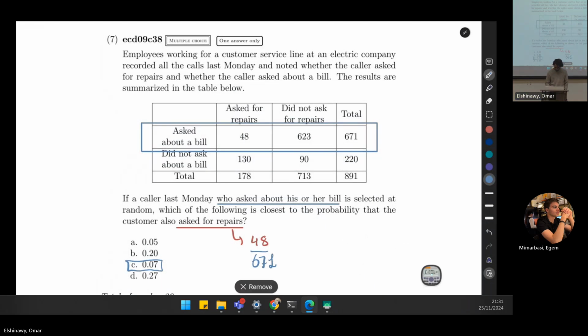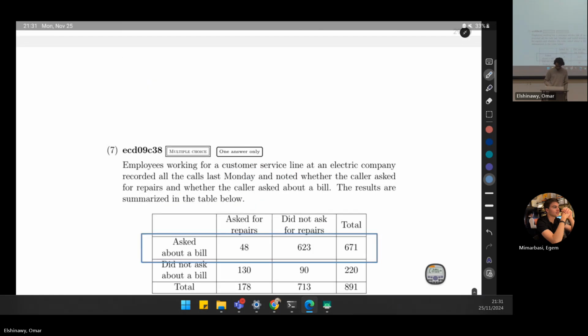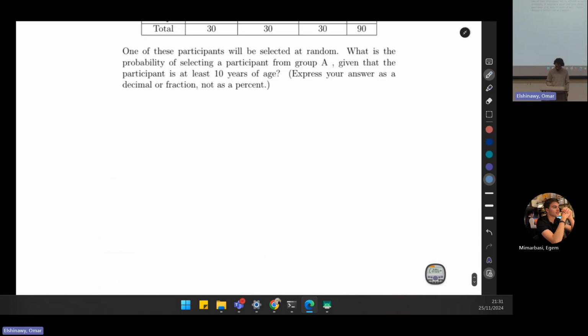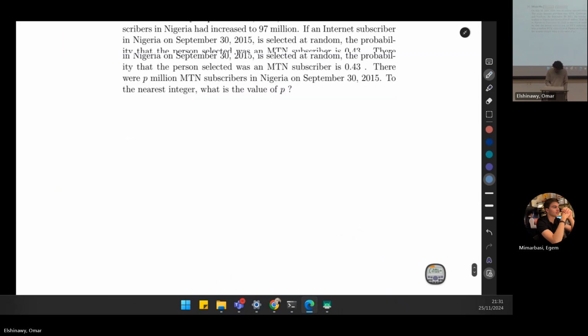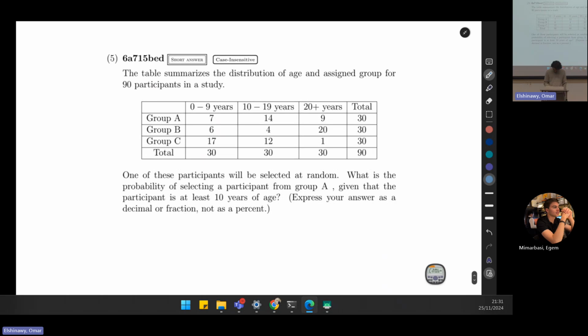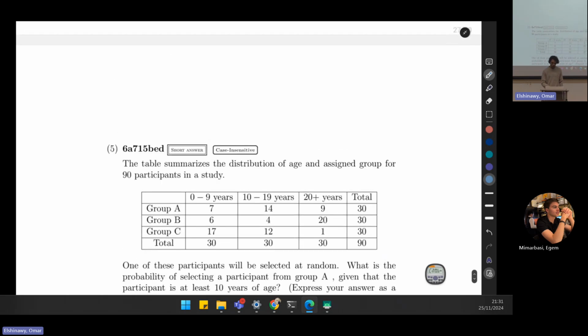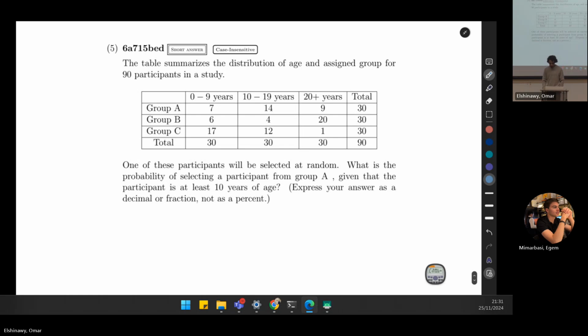Okay. I think we might have time for one more problem. Let's do one more problem, and then we move on to the other skill, which is inference.